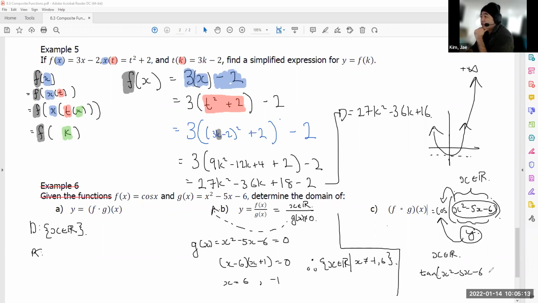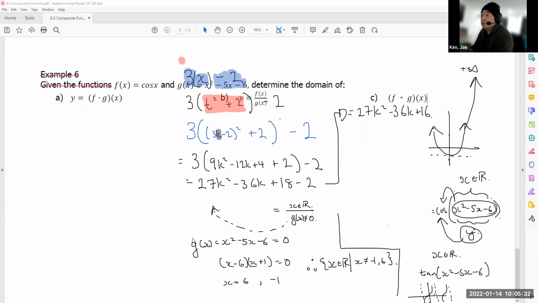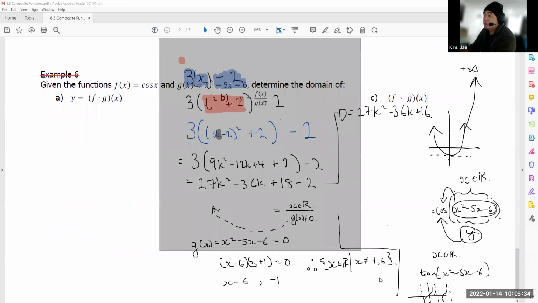You know that for the tangent function, every so often there are vertical asymptotes. Let me move this up a little bit so that we have some more space. Let me erase this, and let me erase this.